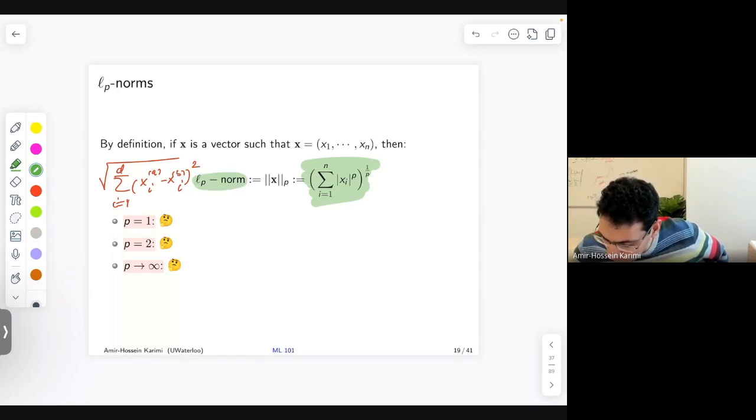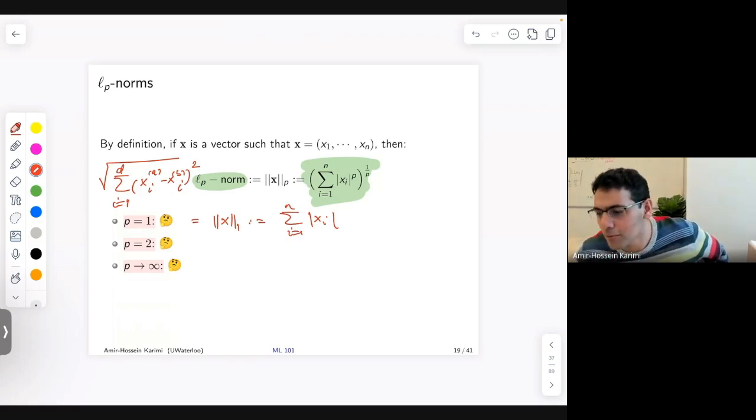So for p equals 1, what does that reduce to? This would be equal to the L1 norm, the sum from i to n of the absolute value of xi. Just the sum of the absolute values of the vector of differences between two vectors.